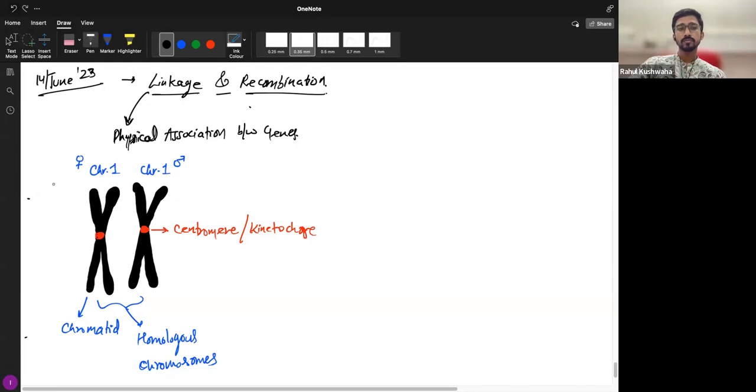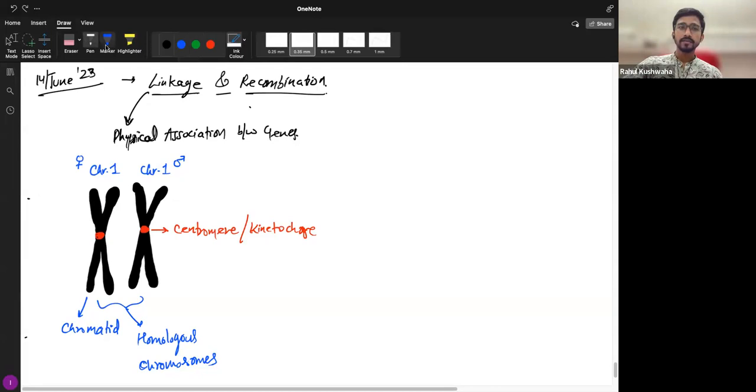So every chromosome before meiosis, when its DNA replicates, forms two chromatids. We'll come to chromatids in a bit, but let's first focus on homologous or heterologous chromosomes. So this is a homologous chromosome pair.